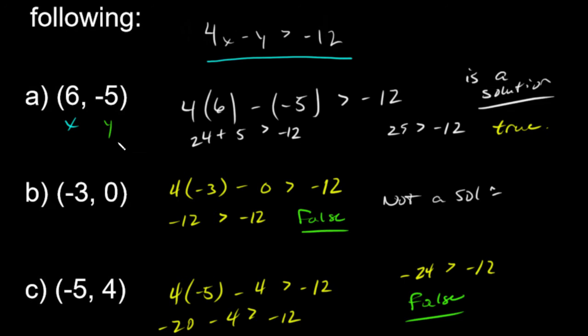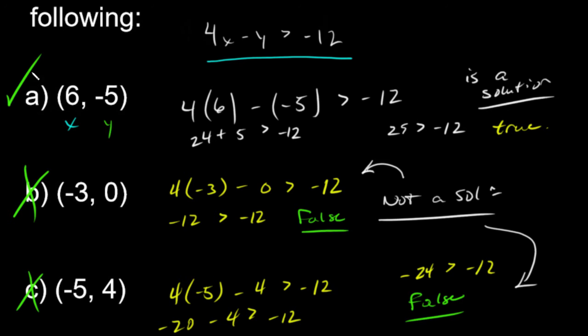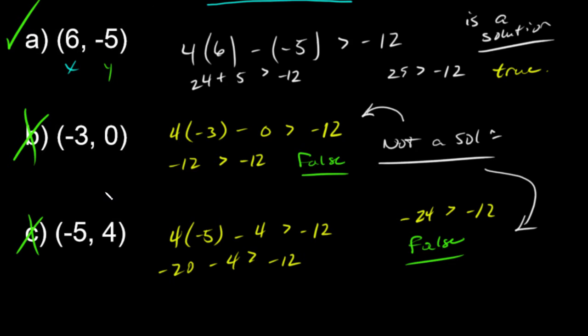And so this is also not a solution. So both of these are not solutions. So this is not a solution, not a solution, is a solution. Okay. So now that we understand the basics of what is and what is not a solution to an inequality, let's go ahead and move on.